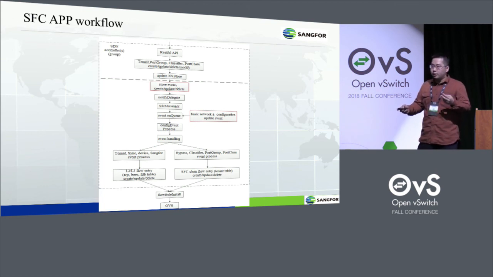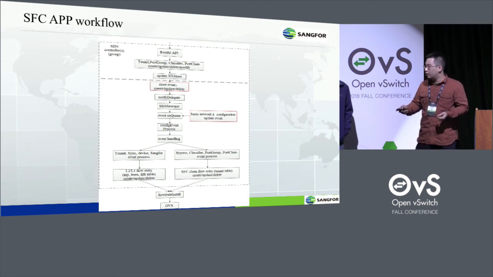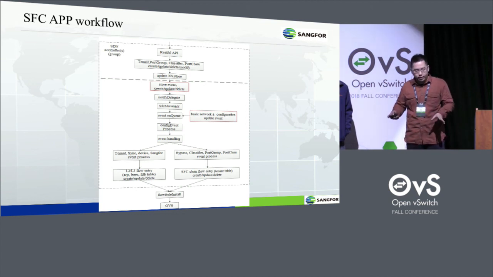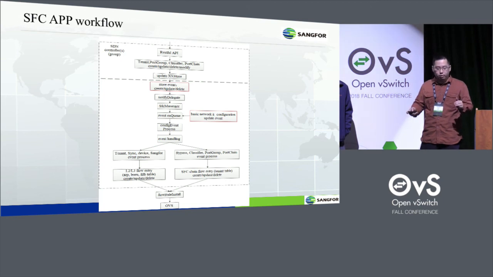Okay, then the second type of event is the SFC related events. They are bypass, classifier, port group, port chain. It will influence the tenant table, it means the FCC table. And then finally, we will use OVSDB and the flow rule install function to send the configuration and the flow entries to the OVS.